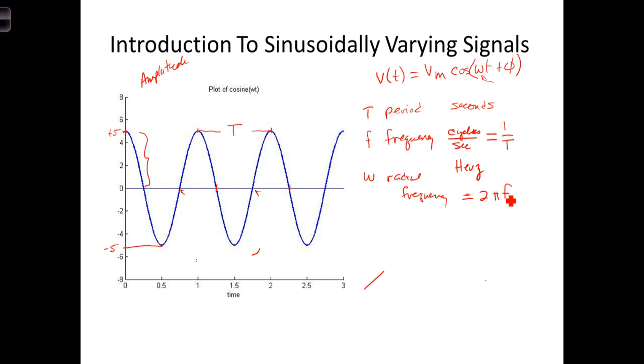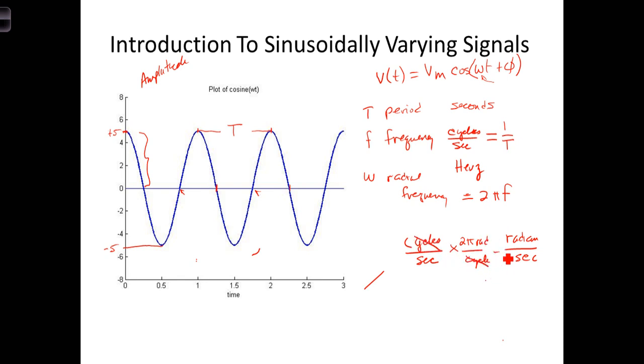Dimensionally, let's just look at that. If f is in cycles per second, and radial frequency is in radians per second, we need to convert from cycles to radians. Well, we simply multiply by 2 pi radians per cycle.